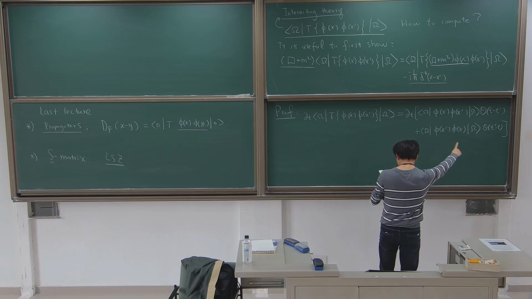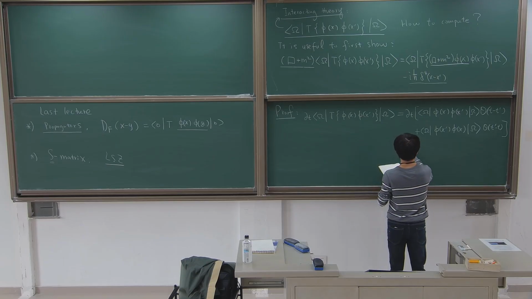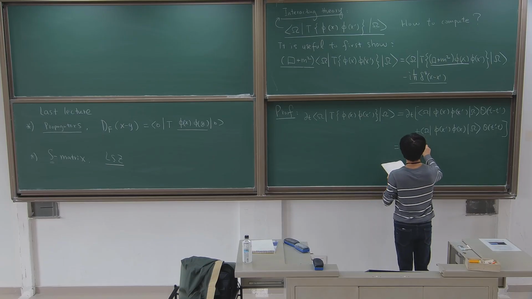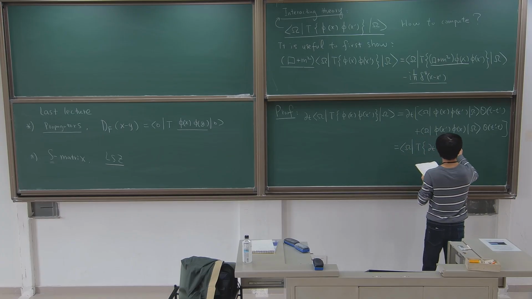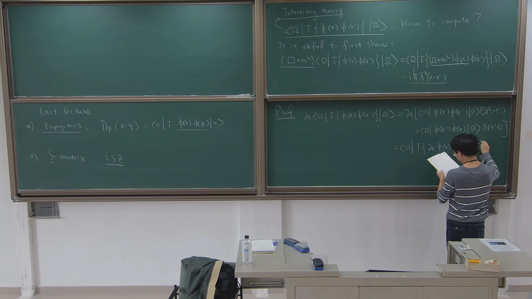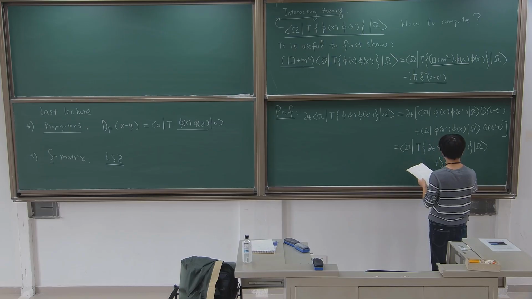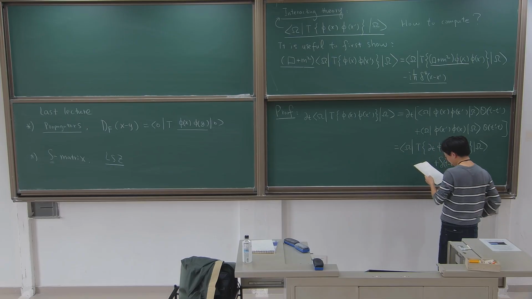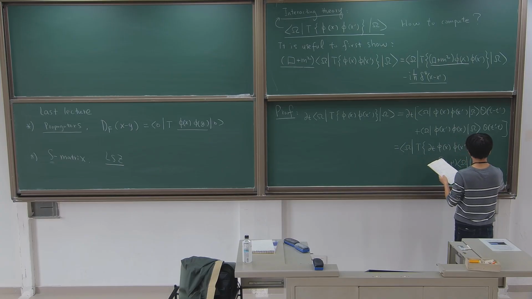Now just do it straightforwardly. Then what you will get is this one, plus some delta function coming from the derivative taken on the step function.